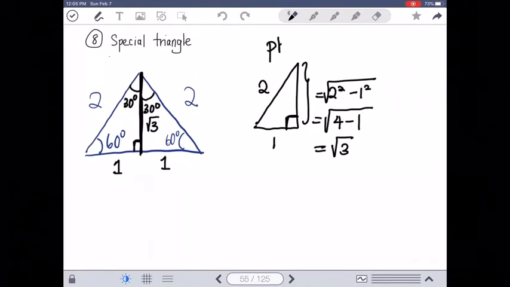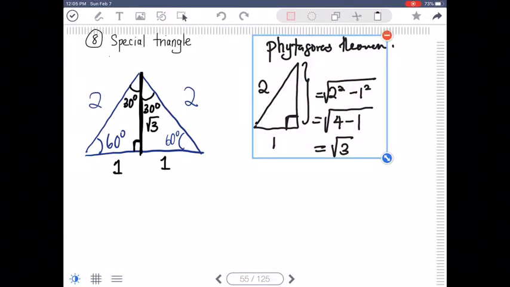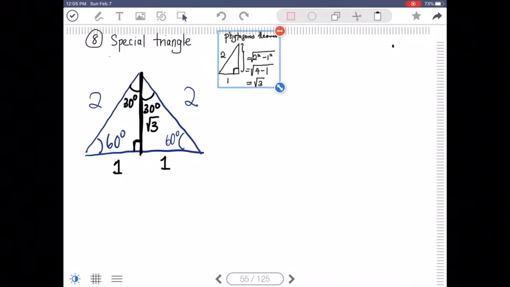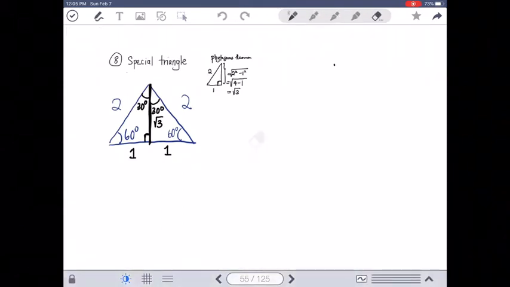This you get from the basic Pythagoras theorem. Put it aside. So that is our first triangle.